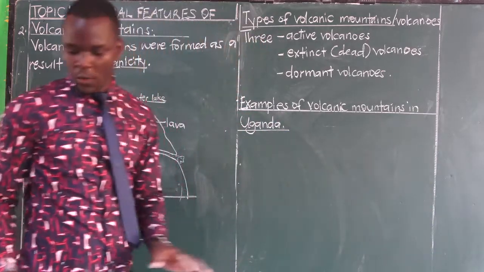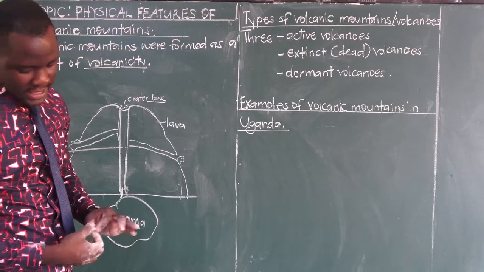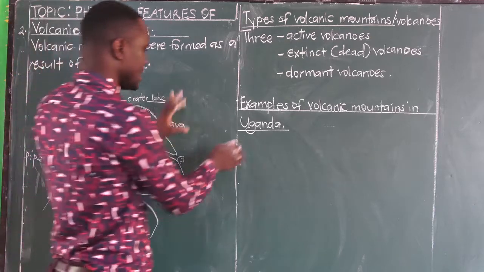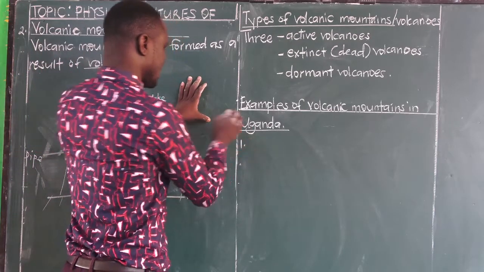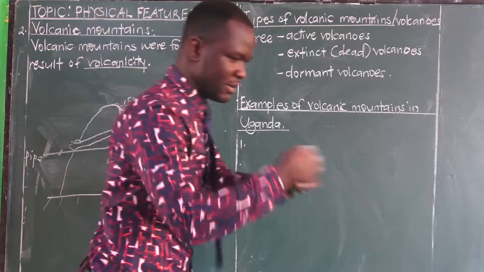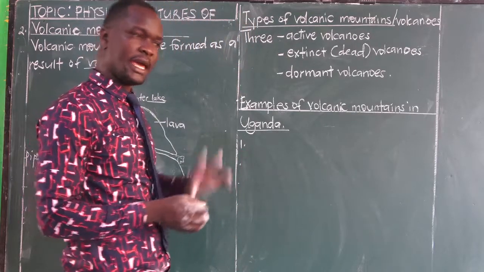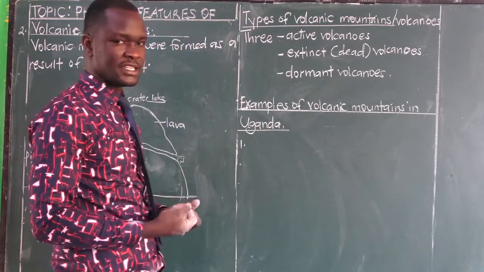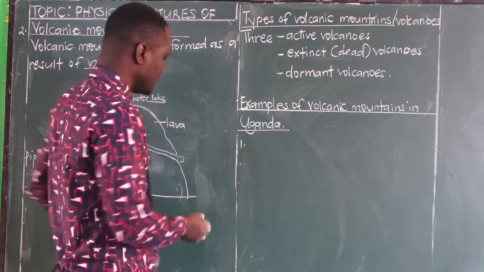Now, here we are going to look at the major volcanic mountains that we have in Uganda. For example, remember I told you that the rest of the mountains in Uganda are volcanic except Mountain Rwenzori, which is a fault or a block mountain.